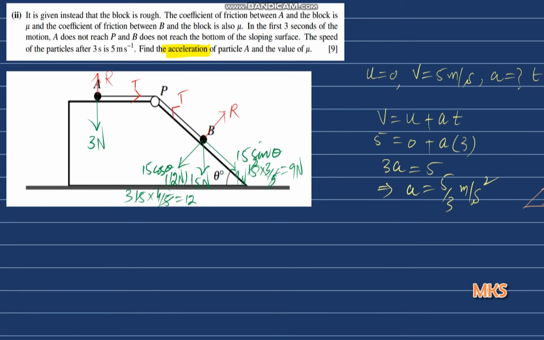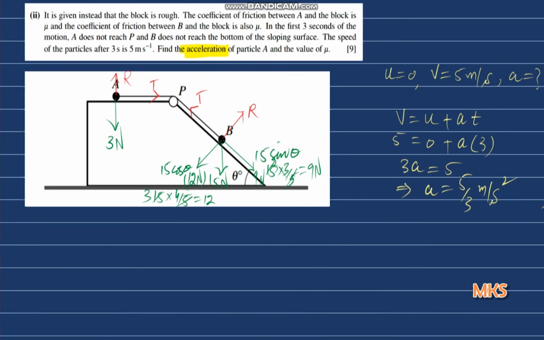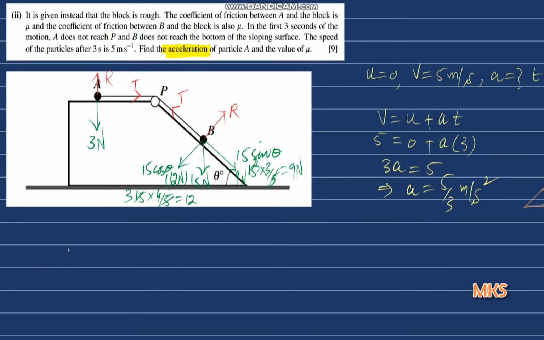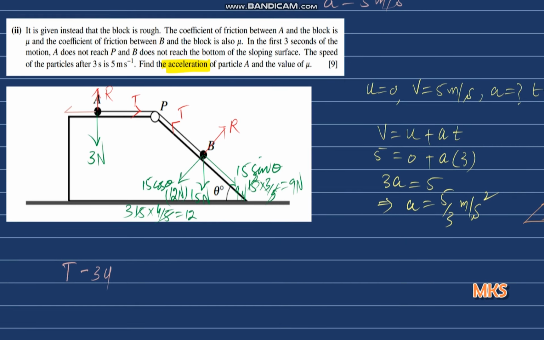Now for particle A, T minus 3 mu, because this will be the force of friction, and that force of friction is mu R, so R is 3, that is equal to 0.3 times a.